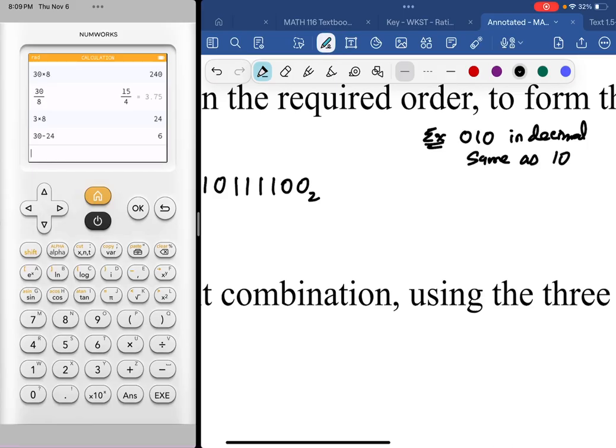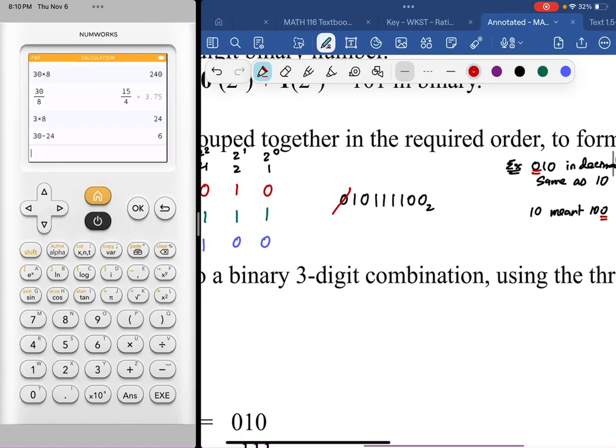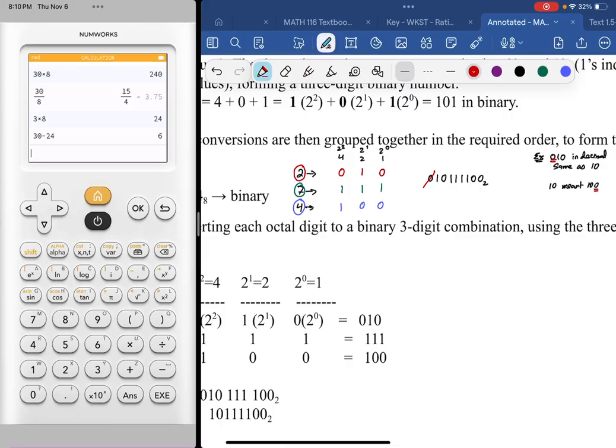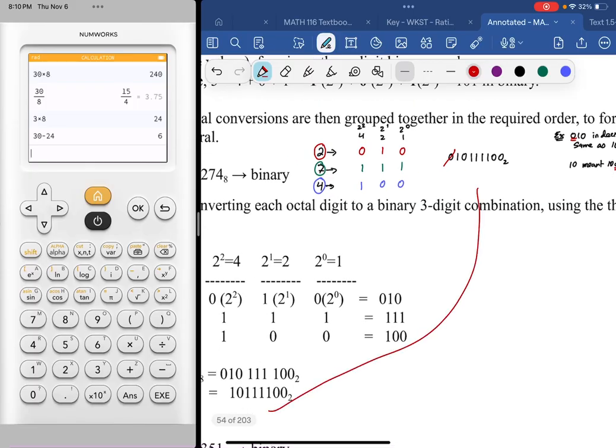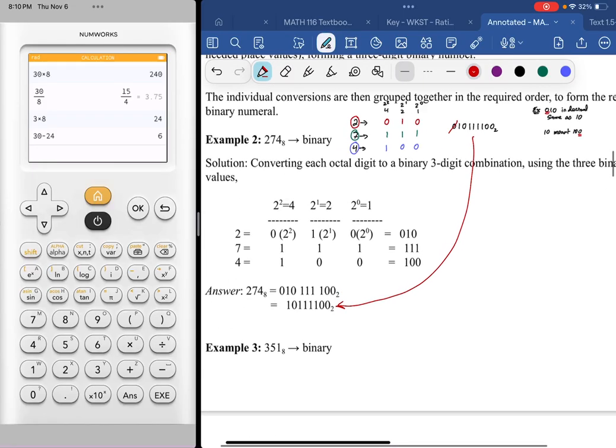Now, if I wrote a 10, but I meant 100 because I forgot to put a 0 over here, that would be a problem because that extra 0 on this side actually represented a place value that was significant. It wasn't significant over here because it didn't impact the value of the number, but in this case it is. So we got to be careful about that, but in this case it's fine, all right? And that's where this number comes from.